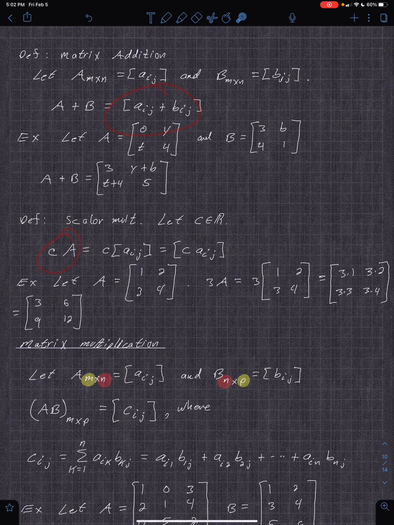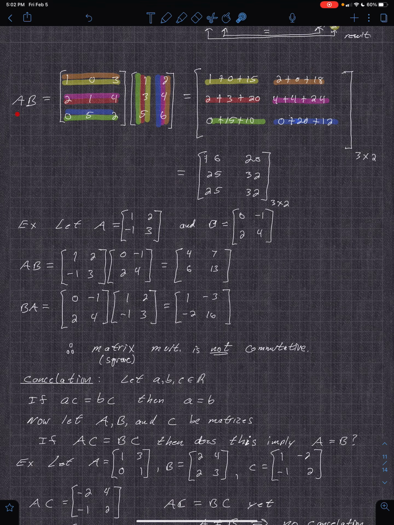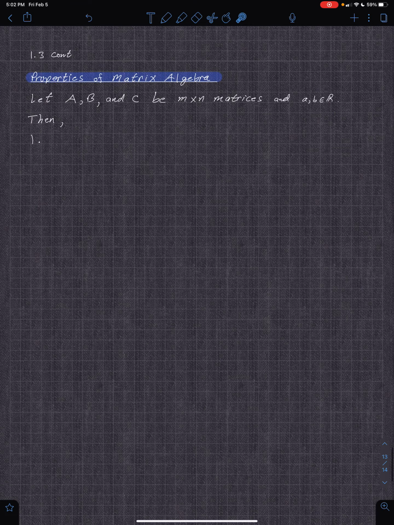So given all of those, that's where these properties come from. We're not really going to look at any properties yet for matrix multiplication, except the identity matrix, of course. Okay, so here's some properties.